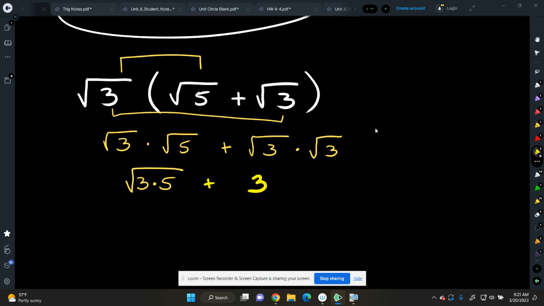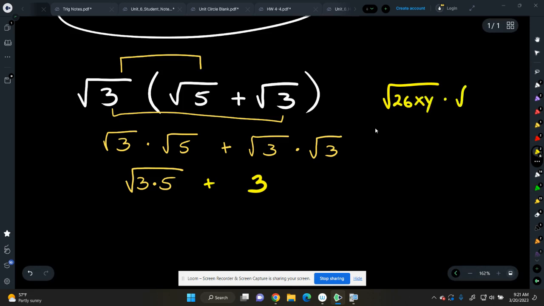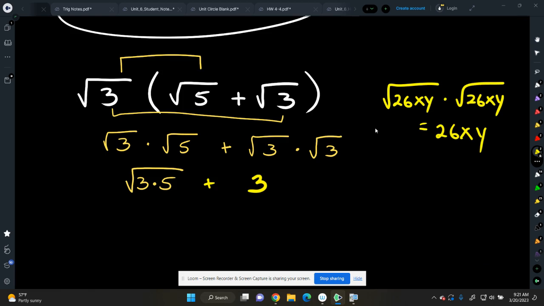That's your shortcut. If it was the square root of 26xy times the square root of 26xy, what does that equal? 26xy. If a radical is multiplied times itself, the radical drops out. And that'll save you time. Okay? So that's an easy one.